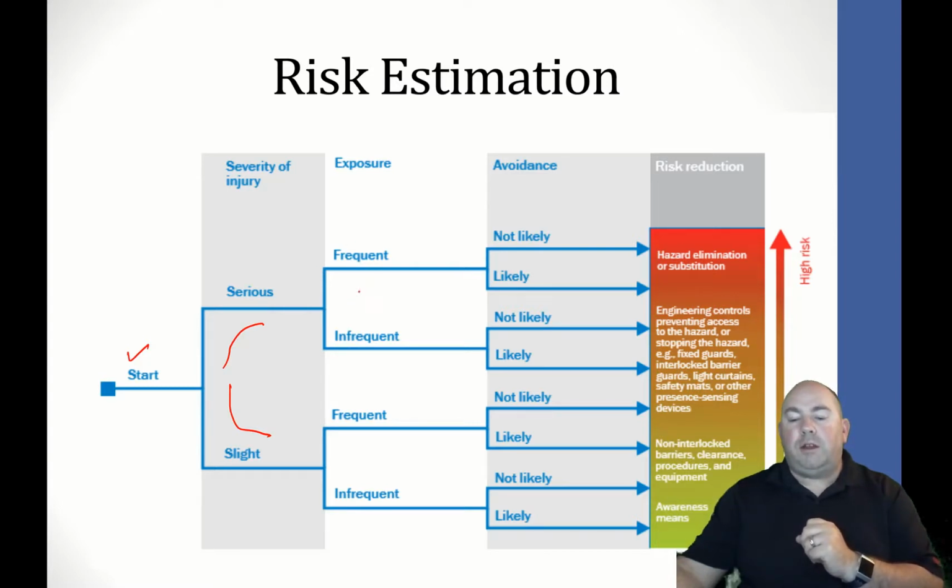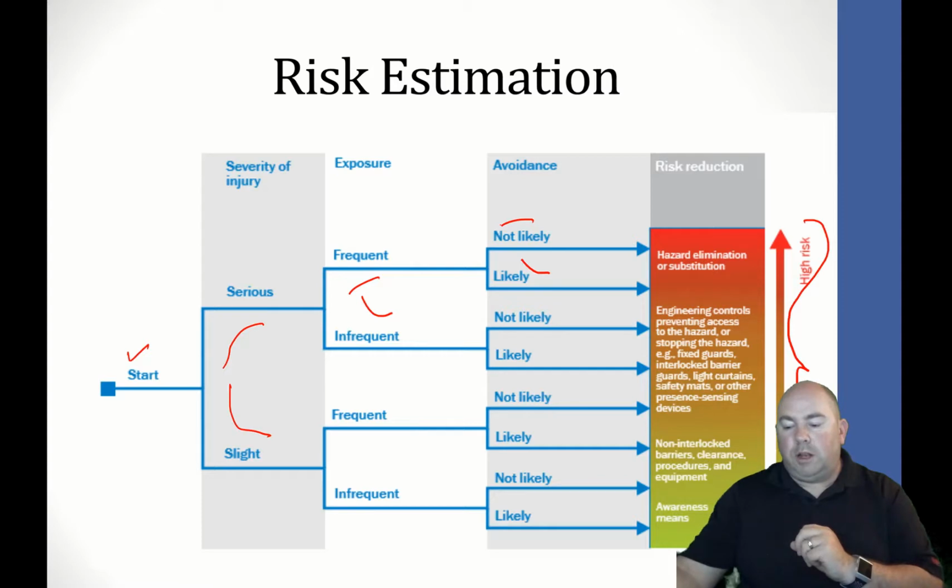And based on that decision, we'll then finally determine what is your chance of avoidance of that. And we'll talk a little bit about what these definitions actually mean later. And then we'll say, is it likely to be avoided or is it unlikely to be avoided? And then that is going to put us somewhere on this chart, on this scale.